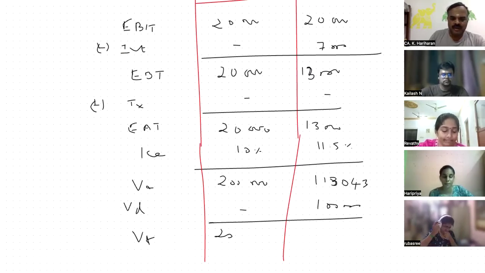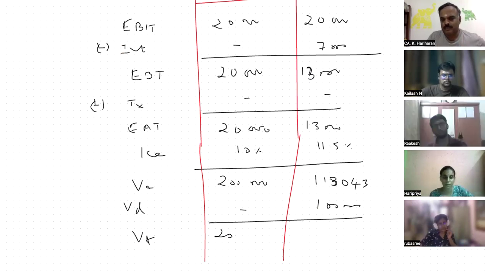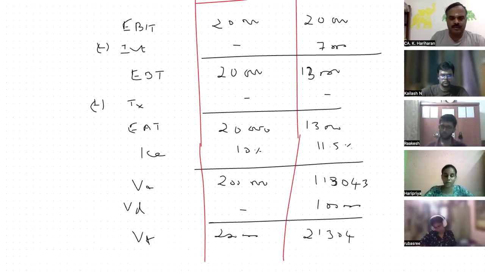So value of the firm, which one is high, which one is low? M Limited is high, N Limited is low. Levered is high. Therefore, in trading, buy low, sell high.